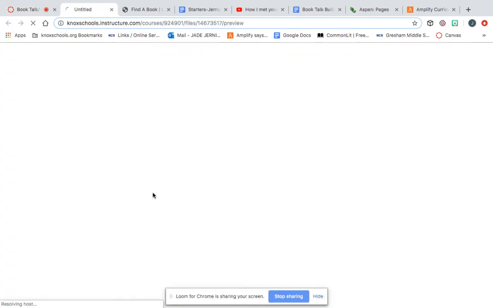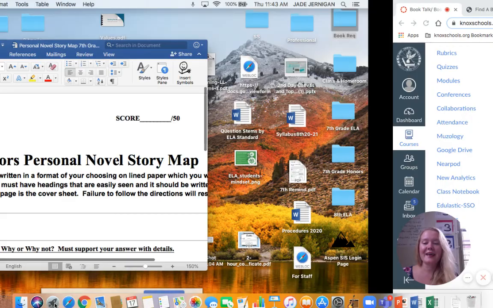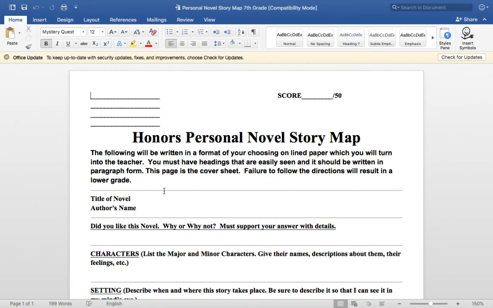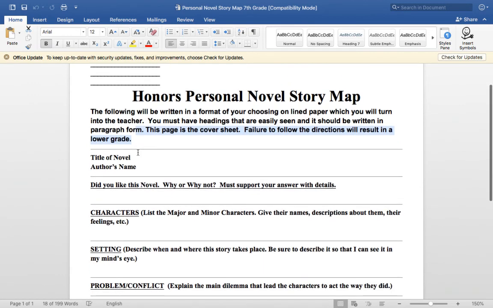And the final project is going to be the story map. So this is for all of my artistes and artistas out there. For the story map, you are going to create some sort of poster that is going to have all of the different pieces of the story that stood out to you.